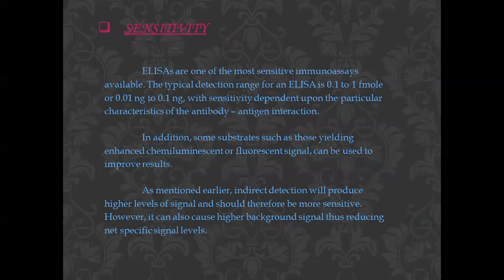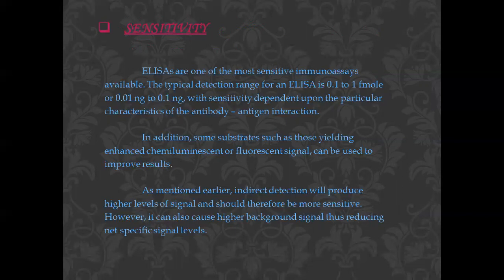Then sensitivity. ELISAs are one of the most sensitive immunoassays available. The typical detection range for an ELISA is 0.1 to 1 fmol or 0.01 ng to 0.1 ng, with sensitivity depending upon the particular characteristics of the antibody-antigen interactions.